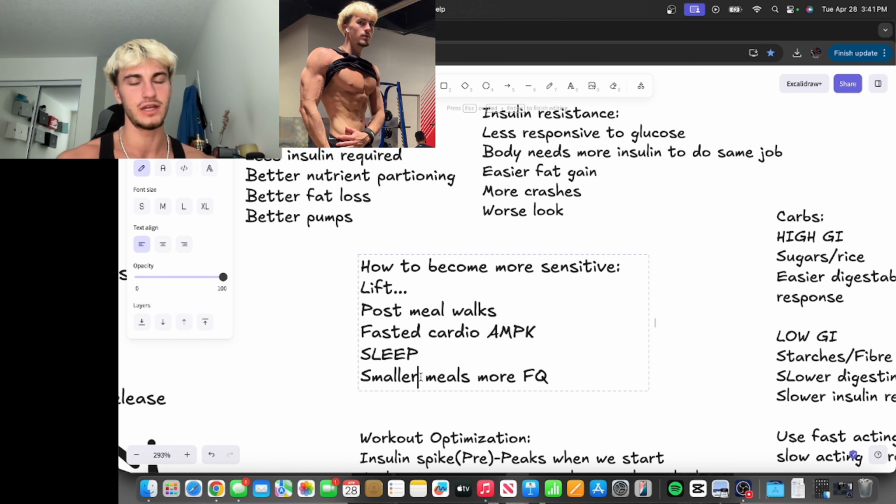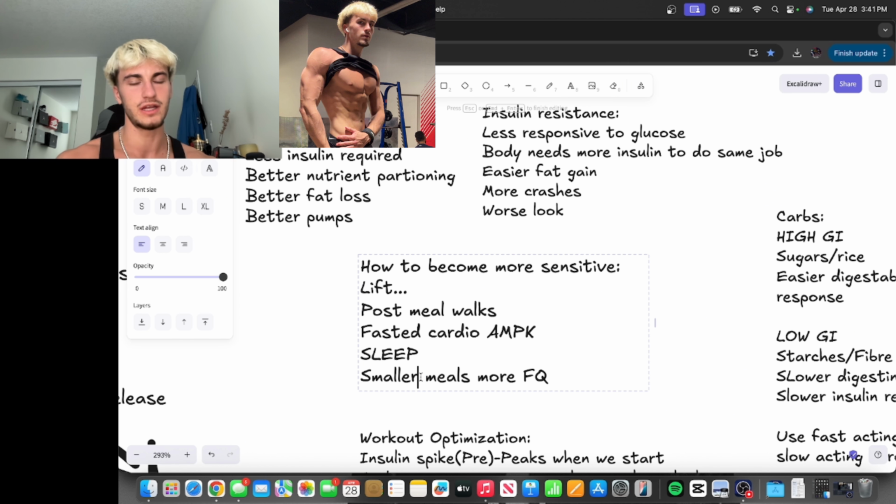It pulls from fat cells. This is why I do fasted cardio even when I bulk or gain, because you can burn fat and pull energy out of fat cells just doing fasted cardio. So when AMPK kicks in, it takes the energy from fat cells and uses it as energy, right?